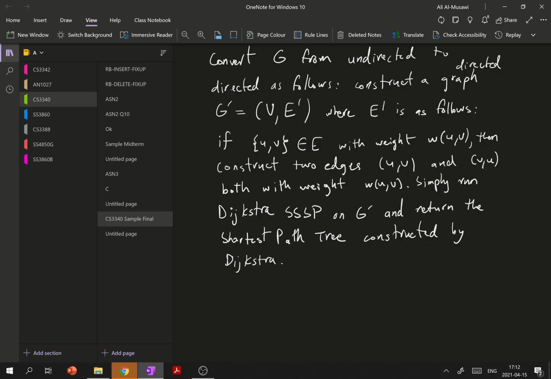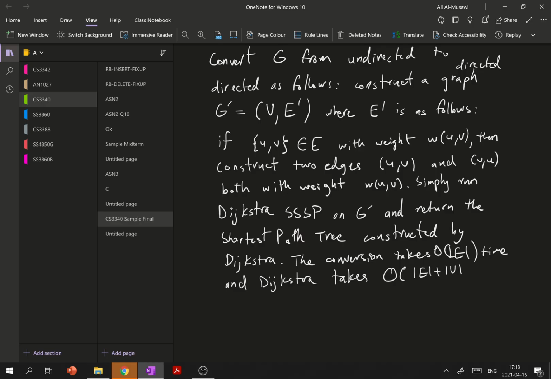The conversion takes big O of E time, and Dijkstra takes big O of (E plus V) log V time.